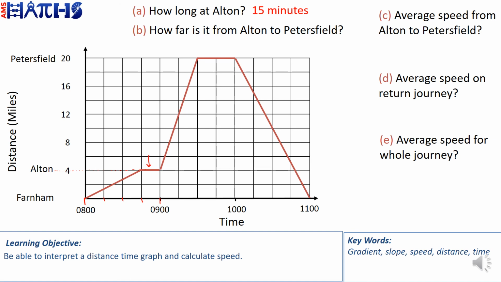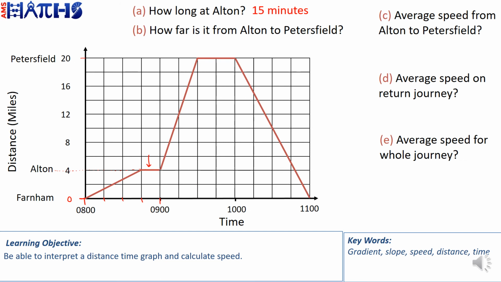It says, how far is it from Alton to Petersfield? So the train would have started at Farnham at 0, up to Petersfield, which is 20 miles away from Farnham. However, how far is Alton from Petersfield?